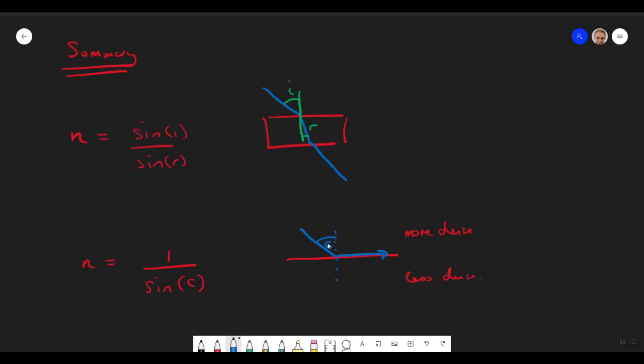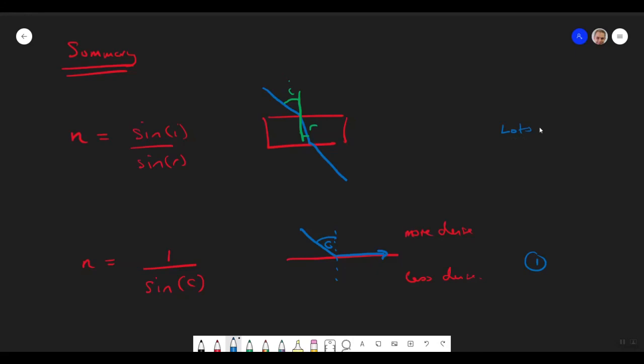It only happens at one specific angle, which means it's not very useful as a practical for finding the value of n, because this method can only give you one result, whereas the other can give you lots, and you can work out an average.